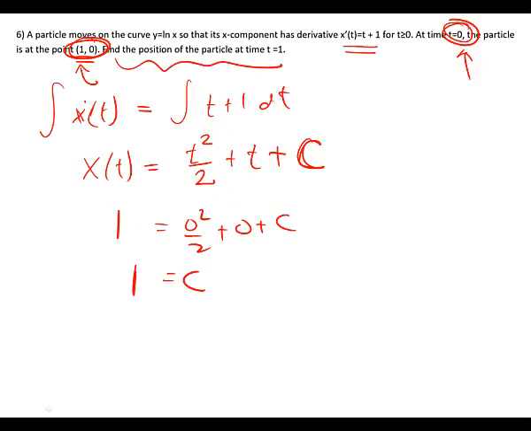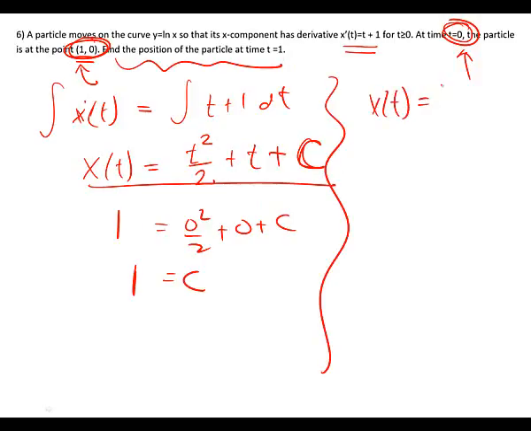Now, we haven't finished yet. We have to find the position at time 1. So I need to rewrite this equation. x of t equals t squared over 2 plus t plus 1. And then what am I supposed to plug into it? 1. So 1 squared is 1, so 1/2 plus 1 plus 1.